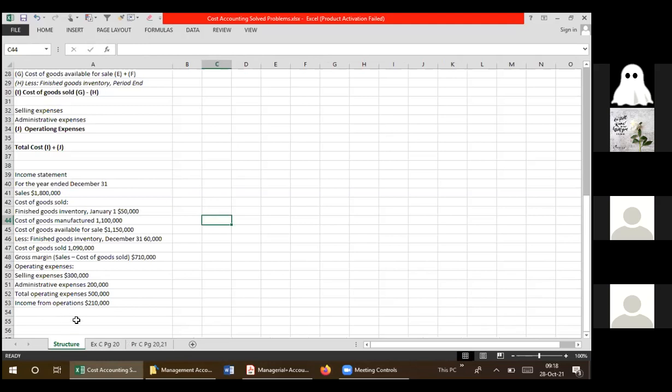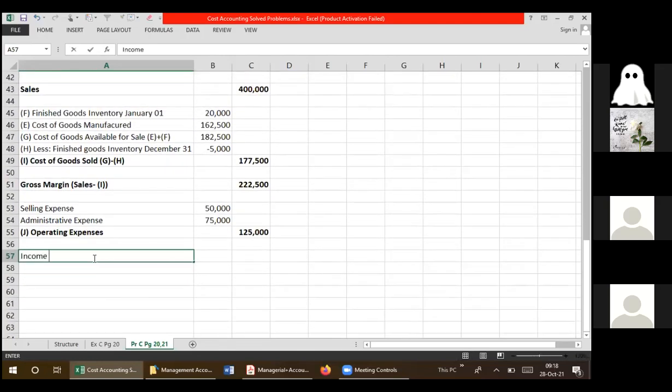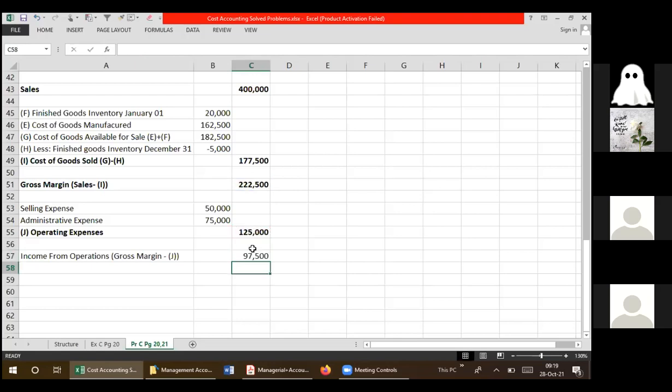Next, we have to get the total operating expense we got, income from operations. Next, we have income from operations, that is gross margin minus point J. That will be 97,500.